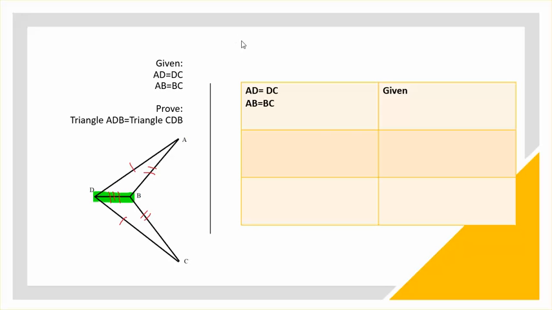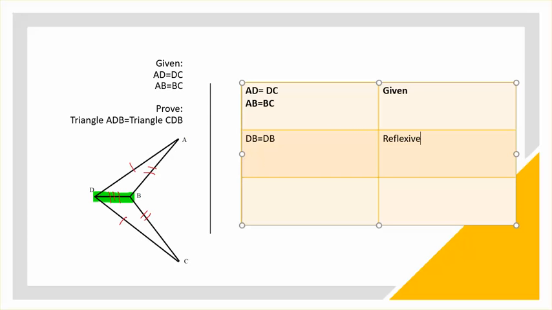So I'm going to go over to my table and write down that I have another pair of equal sides. So DB equals DB. The reason for that is reflexive. Remember, reflexive means that something is equal to itself. Now look what I have marked. In order to prove triangles are congruent, you need 3 pairs of equal parts.